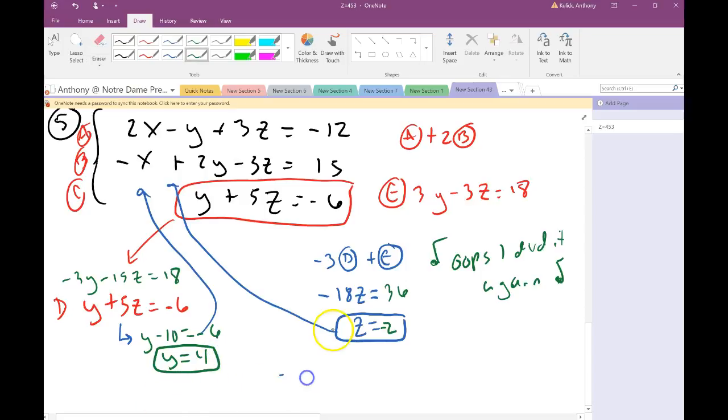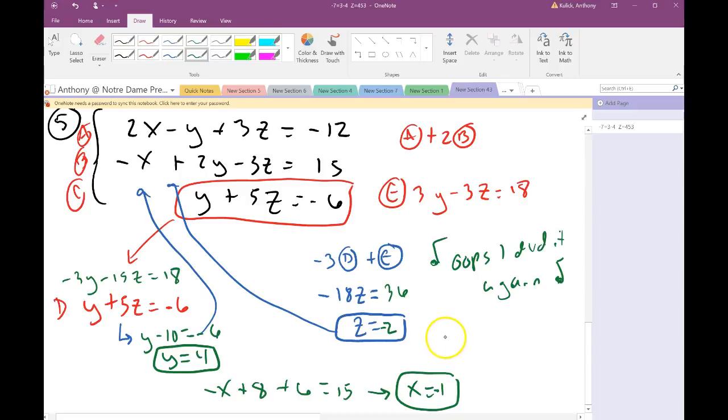So when I plug back in to here now, I have negative x plus 8 plus 6 equals 15. So I have that x equals negative 1. And that now gives me my final answer.